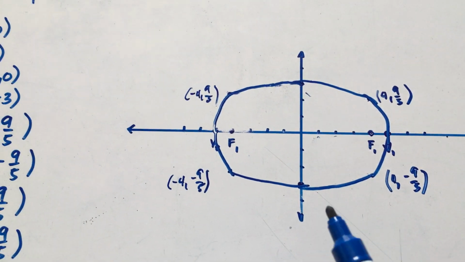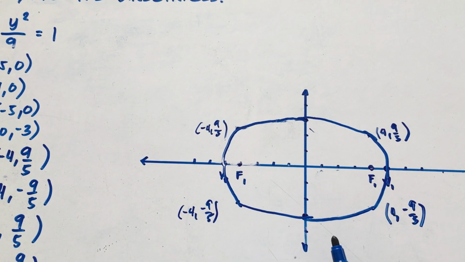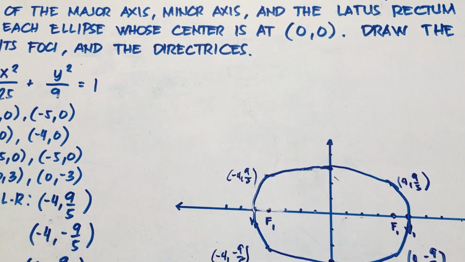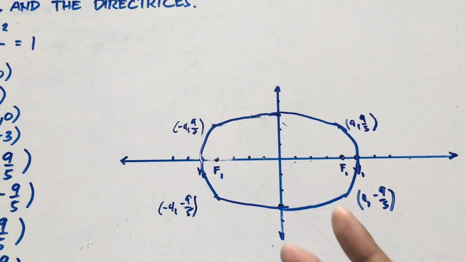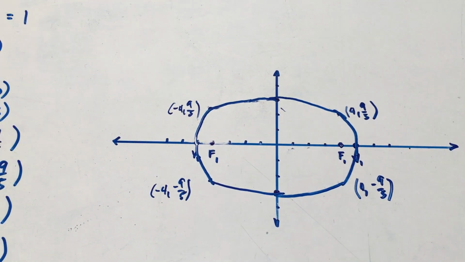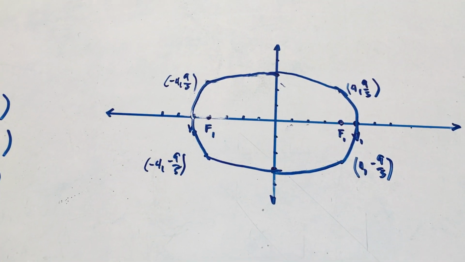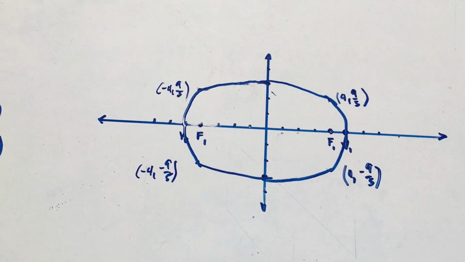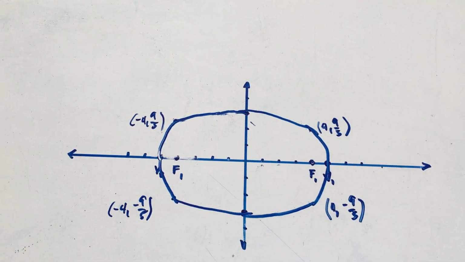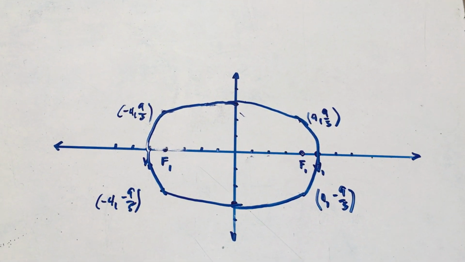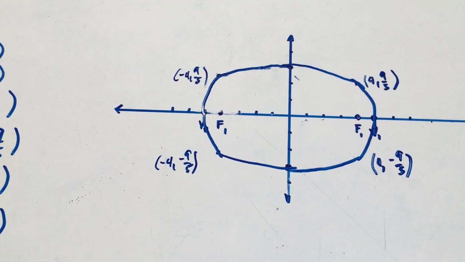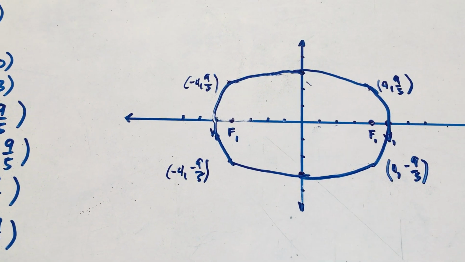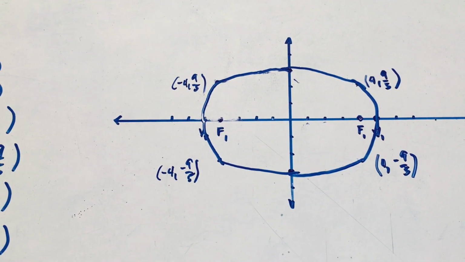Now there is one lacking part of our ellipse that we need to graph. Okay, which is the directrices, which are the two directrix. Now there is a very easy way to determine the directrix of your ellipse, especially if the vertex or the center of your ellipse is at the origin. So how? Please take note that the directrix is actually a line.